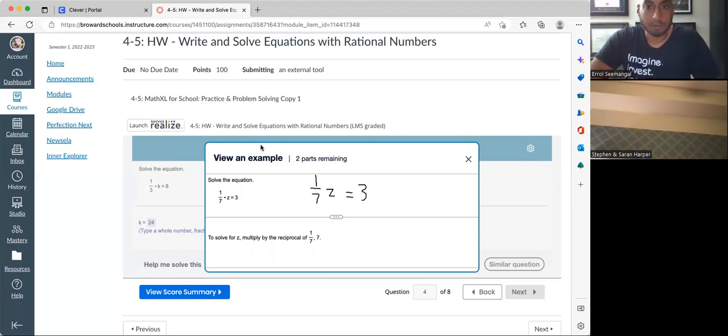Yeah. So is it 3 divided by 1/7, or is it 1/7 divided by 3? 1/7 divided by 3. No, the other way. 3 divided by 1/7. Yep. Remember, divide both sides by 1/7.